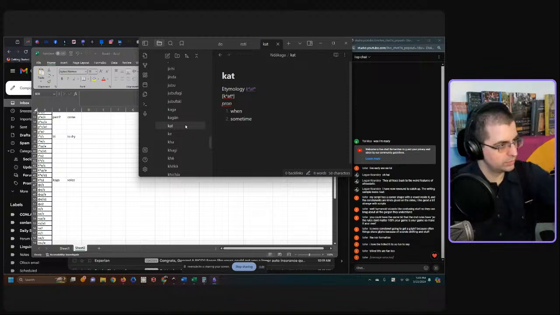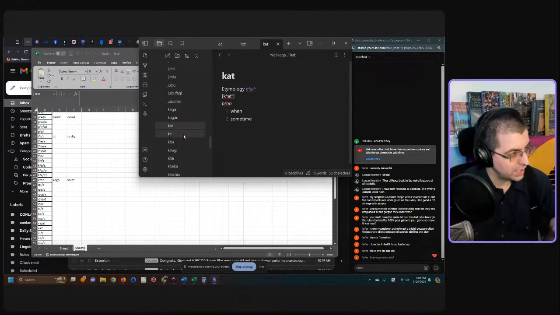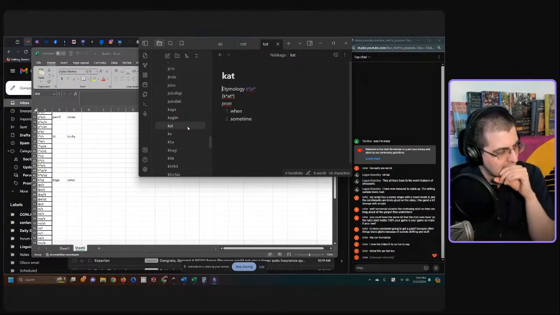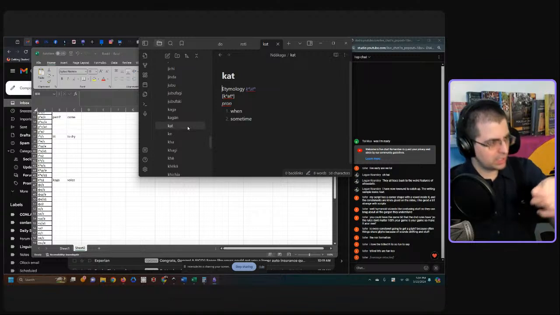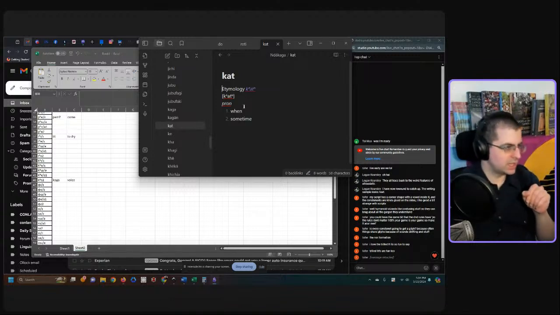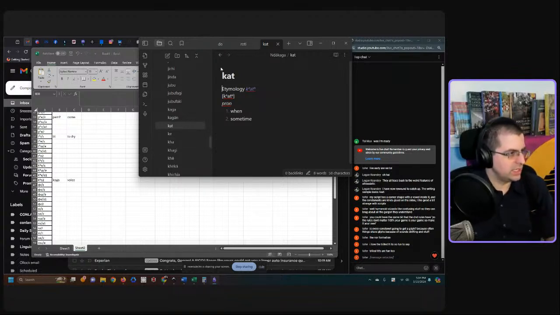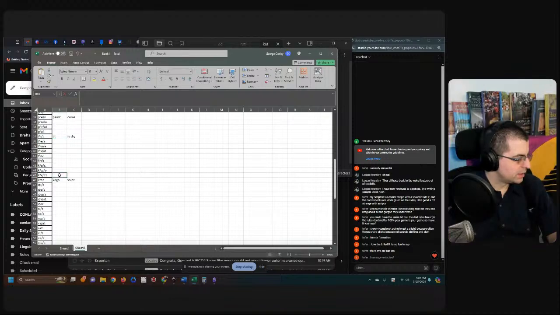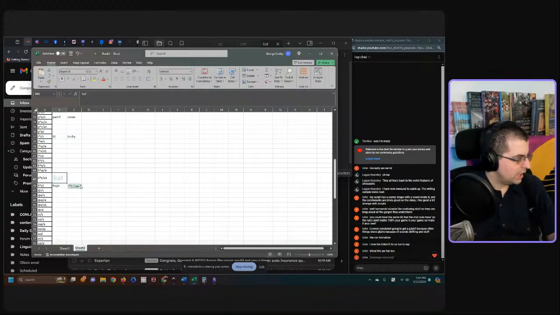Cot. Ooh, okay, cot. For when or sometime. Okay. Ha just means ought. But if we work out what the etymology of this was, what this word originally meant, I think we can use it. So we have cot, and that is ideal for the A1 there.